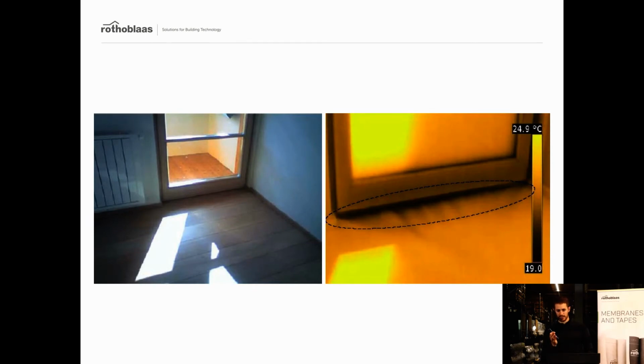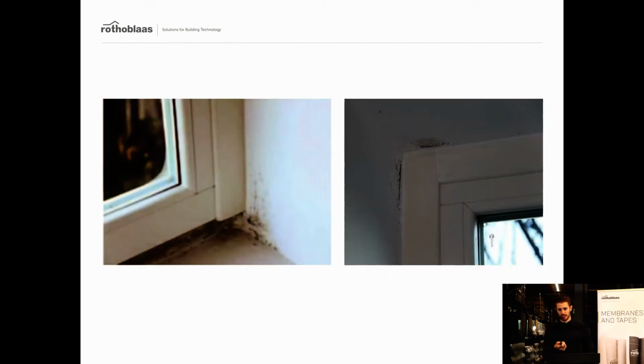The issues can be seen, for example, in these pictures done with a thermal camera, and you can see that there's air passing through, and those black things that you can see in the image is basically the colder air which is passing through.